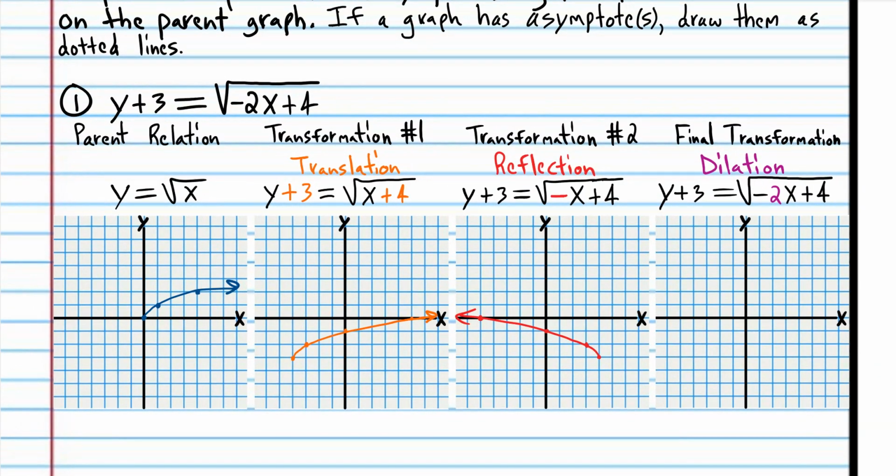Now, remember, it's important to understand what we're doing here. We're trying to find the graph of this equation up here. And you can see that this equation is almost exactly the same as this equation here. But there's just one difference. 2 is multiplied by x, or x is multiplied by 2, however you want to say it.